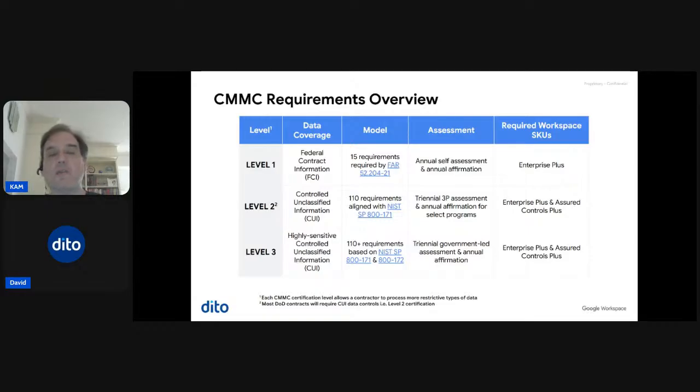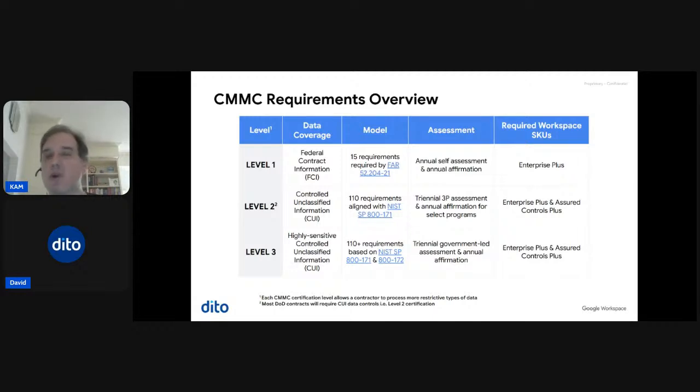So a little bit of an overview, I won't dive into this a whole bunch, but a lot of what Google is focusing on is the people at Level 2. We do have solutions for all 3 levels, but at Level 2, you have to have what is known as a NIST Special Publication 800-171 program. That program has to meet 110 controls.